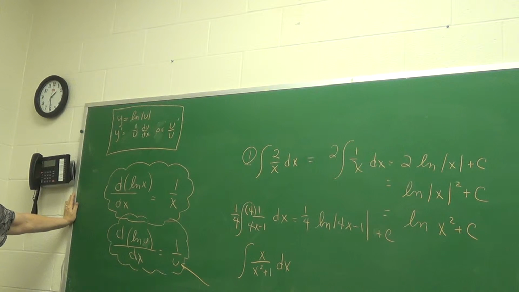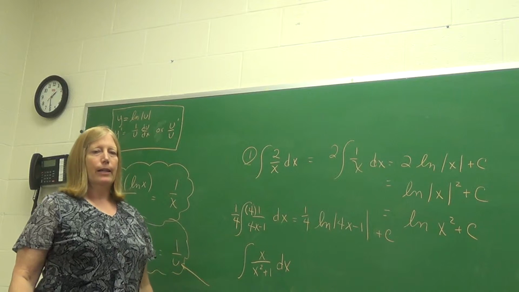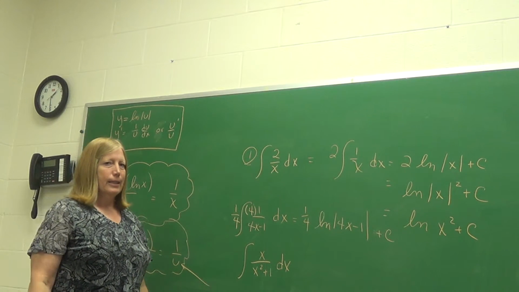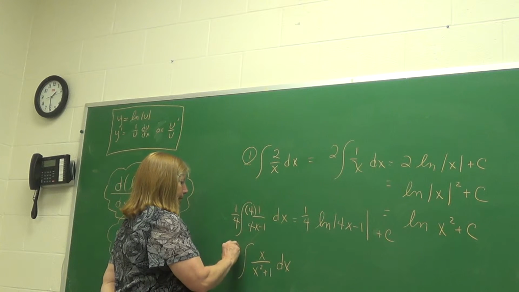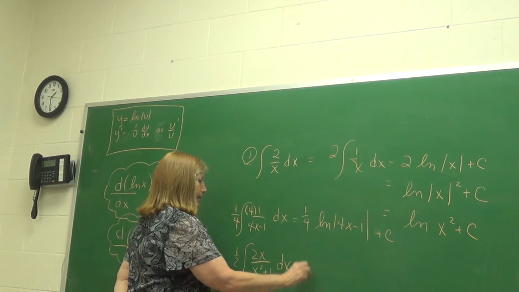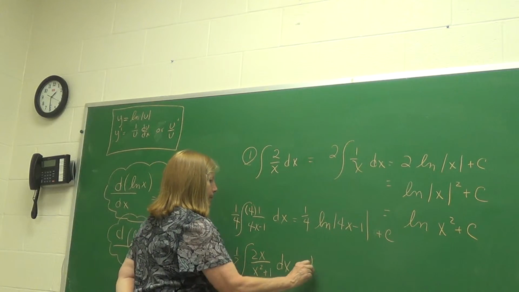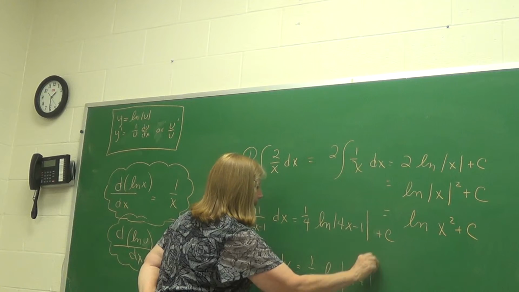Okay, Brendan, what do you notice? How close is the top to being the derivative of the bottom? It's just off by 2. All right, so what am I going to do? Pull out a 1/2 and put a 2 on the top. All right, now what's the answer? 1/2 ln of the absolute value of x squared plus 1, plus c.